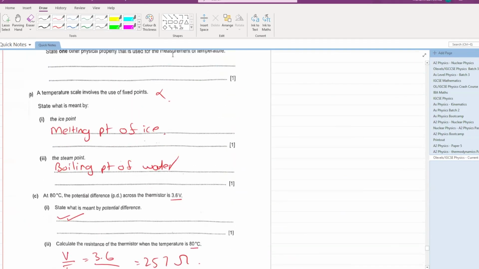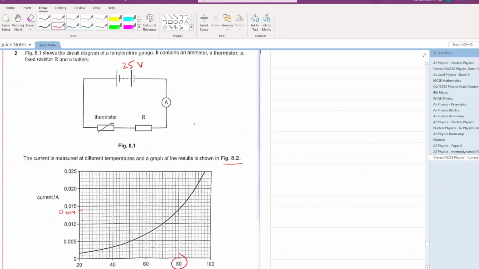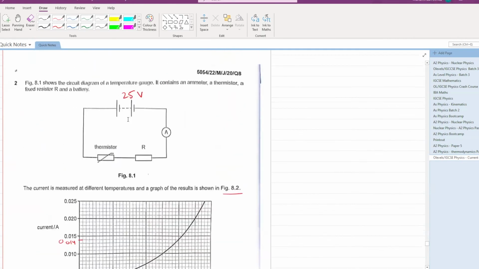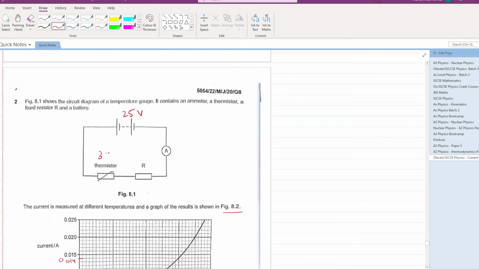We have to calculate the resistance of this resistor. First of all, out of this 25 volts, can you see 3.6 volts is getting eaten up by the thermistor? What is the remaining value? 25 minus 3.6. 21.4 volts is what this resistor gets.